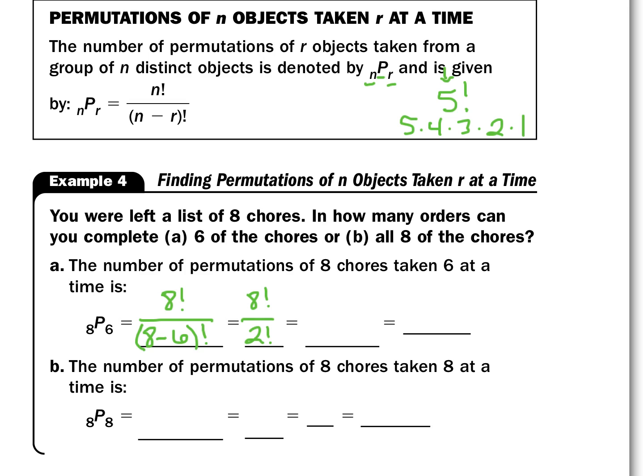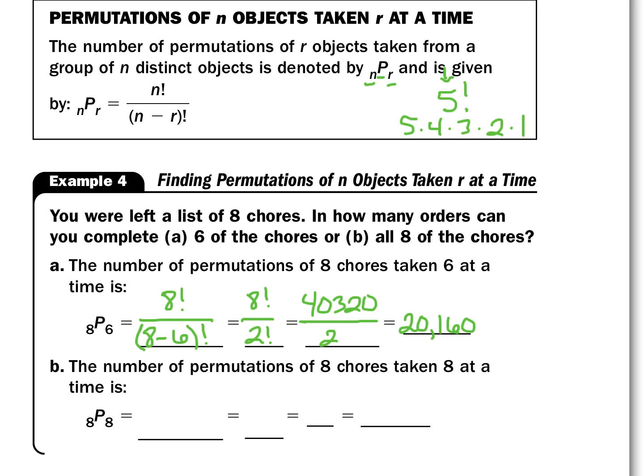If I do that on a calculator, 8 times 7 times 6 times 5 times 4 times 3 times 2 times 1, we get 40,320 over 2 times 1, which is just 2. And so that gives us 20,160 different ways that I can do those 6 chores.